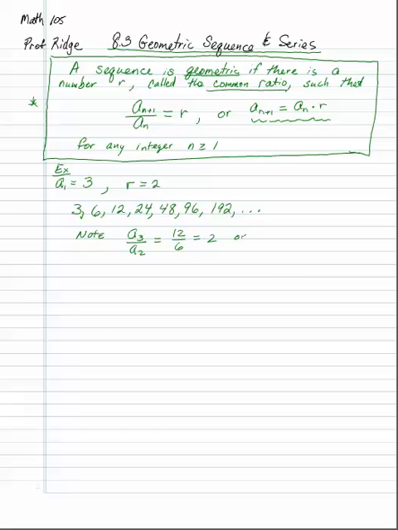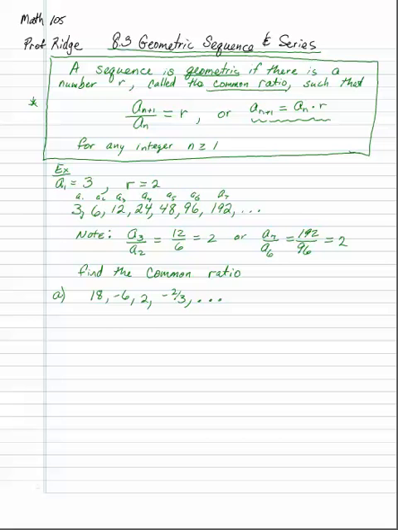Or if I did a sub 7 divided by a sub 6, that will still get me 2. So that's why it's the common ratio, because if you divide any two successive terms, you're going to get 2. And again, it has to be the latter one divided by the one right before it.